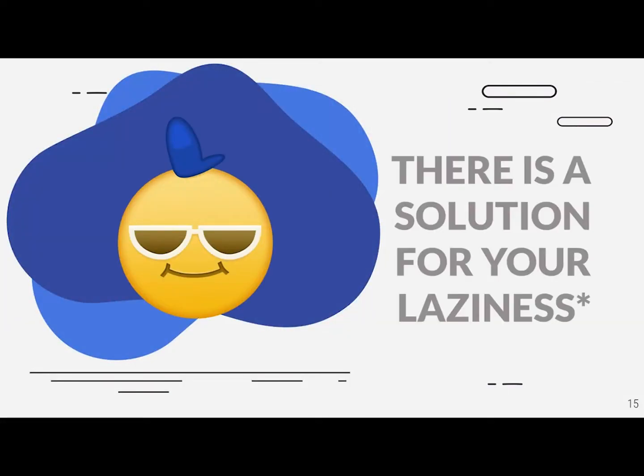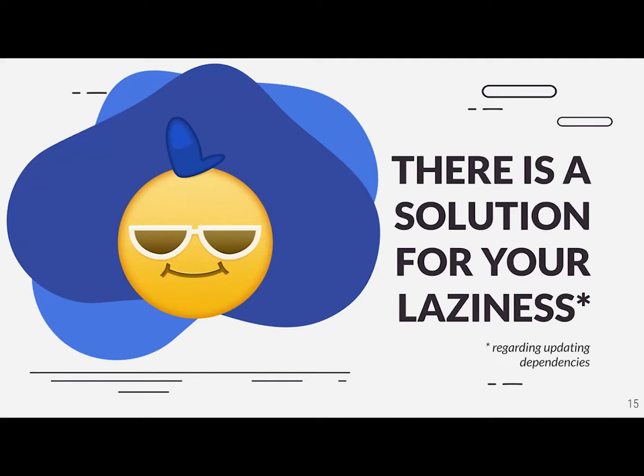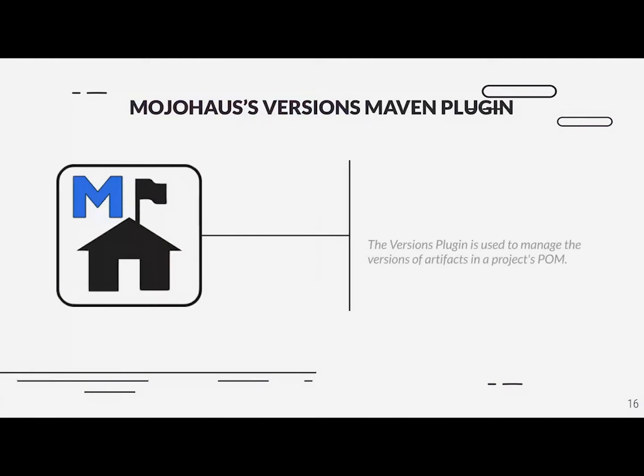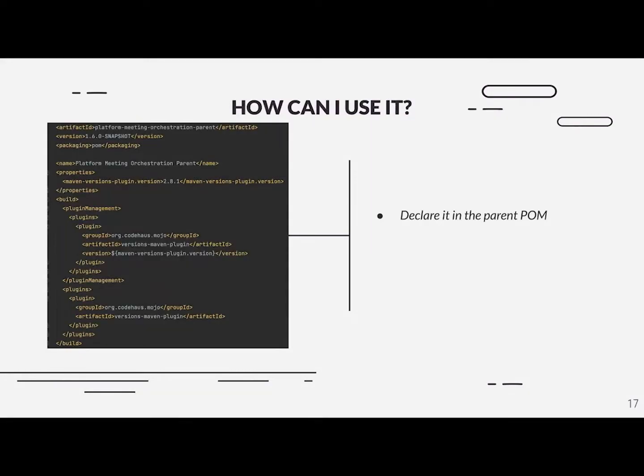I'm going to say that there is a solution for your laziness regarding updating dependencies. And this solution is the Mojohaus versions Maven plugin. This plugin is used to manage the versions of artifacts in a project POM. And how can we use it?